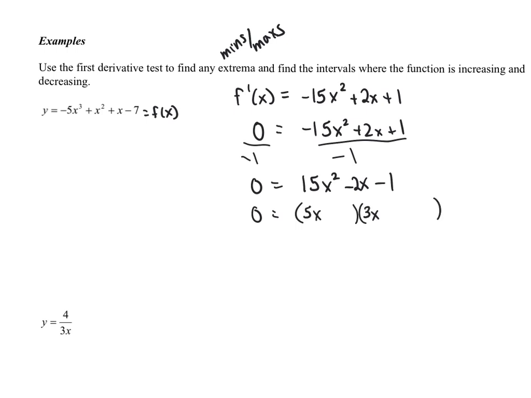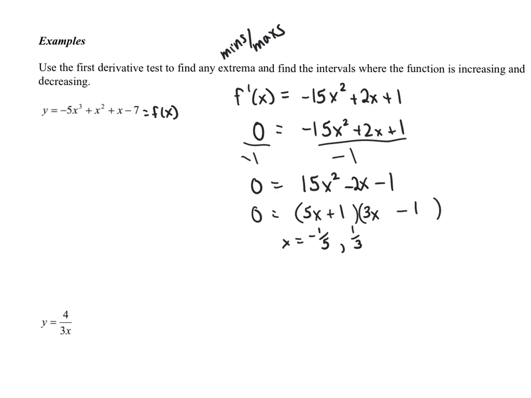If I have 5x and 3x there, I'm trying to get to negative 2 when I FOIL, so I believe it is negative 1 and positive 1, because I have negative 5 and positive 3. You could also do the quadratic formula. However you want to solve this is fine. But this general quadratic is going to have zeros at negative 1/5 and 1/3. So those are going to be my extreme values where the derivative equals 0.